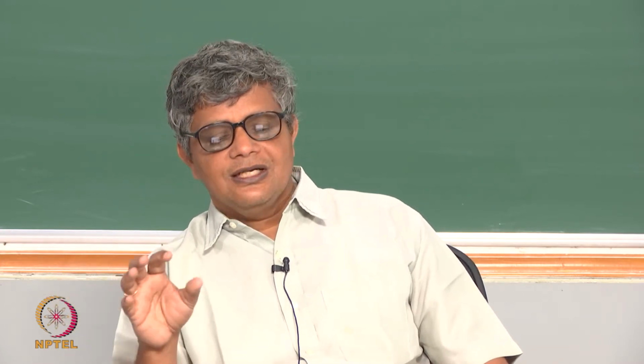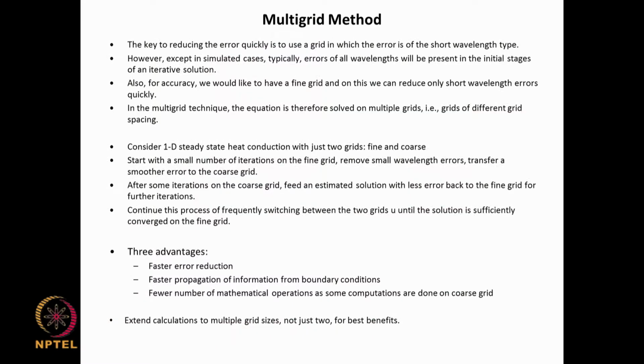So, the number of mathematical operations required on the coarse grid in order to get a solution for the error is far less than what is required for a solution on the fine grid. And so, since you are doing part of the computations on the coarse grid, your overall number of arithmetic operations is reduced. So, because of all the 3 advantages, you can get a much faster solution with multigrid.